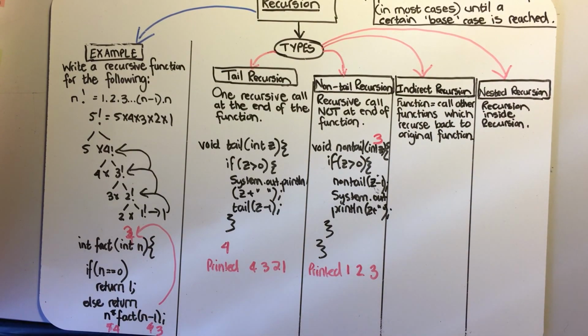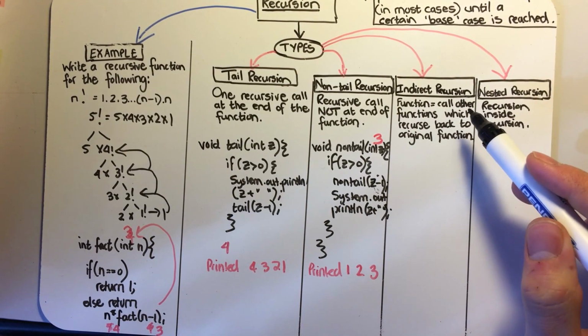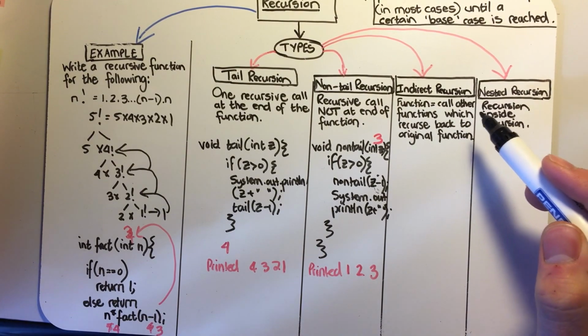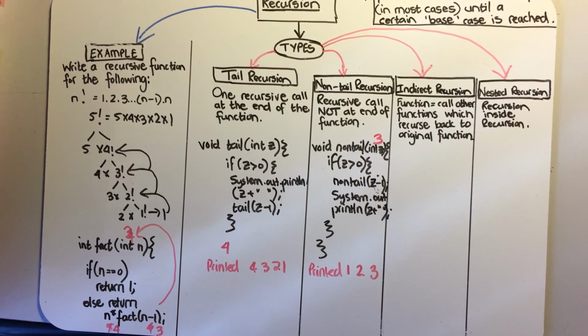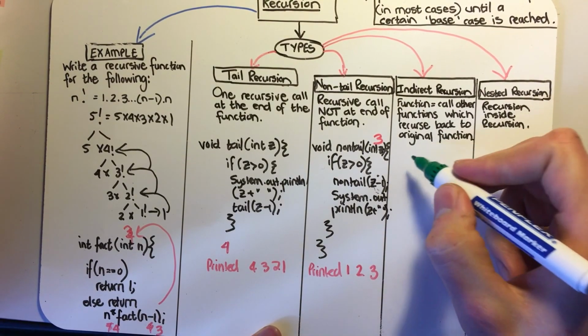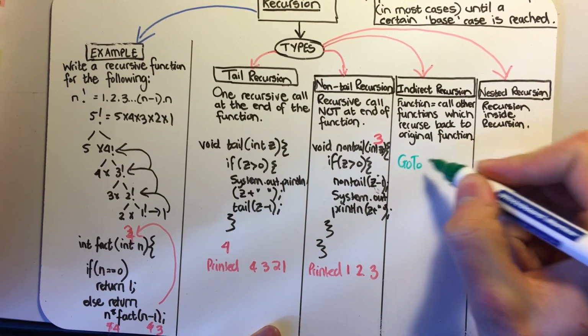Okay, indirect recursion is when a function calls other functions which recur back to the original function. Okay, so an example of that is, let's say, go to the opera. So go to opera.